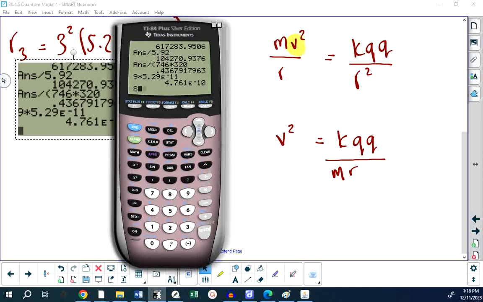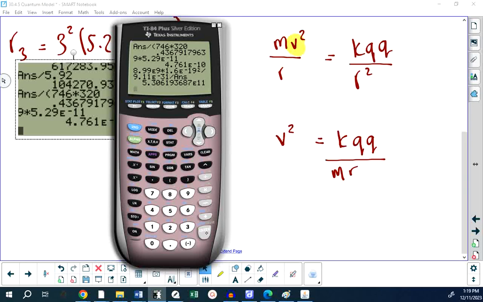So K, 8.99 multiplied by 10 to the 9 times the charge of an electron times the charge of a proton. Rather than writing the same thing twice, I'm just squaring it because q and q are equal. I need to divide by the mass of the electron, and I need to divide by the radius, and then I need to take the square root.